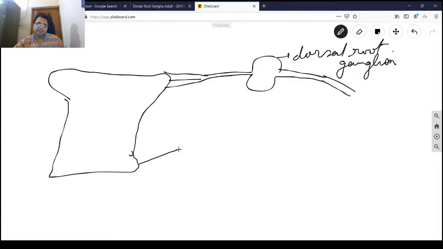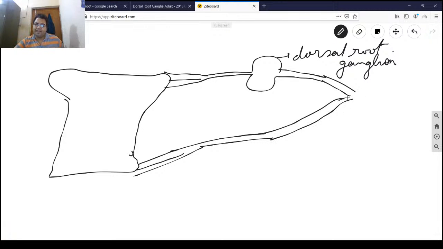Now here also there will be multiple rootlets, they will all combine and come out of the intervertebral foramina.